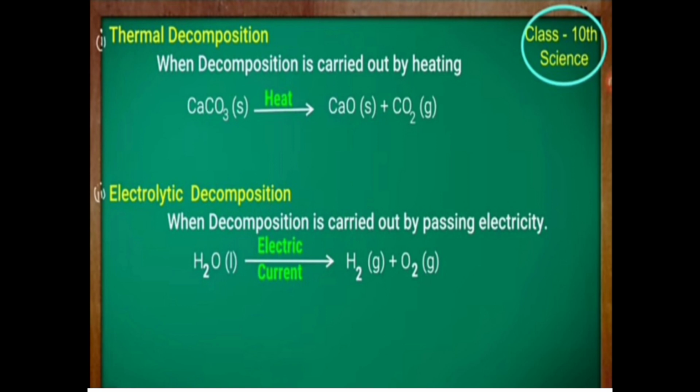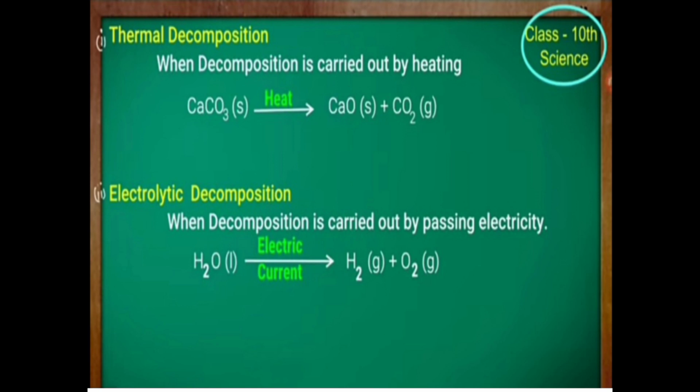Thermal decomposition. What happens in this? When decomposition is carried out by heating, as the name suggests, thermal. Thermal means heat. So here the decomposition is carried out in the presence of heat.